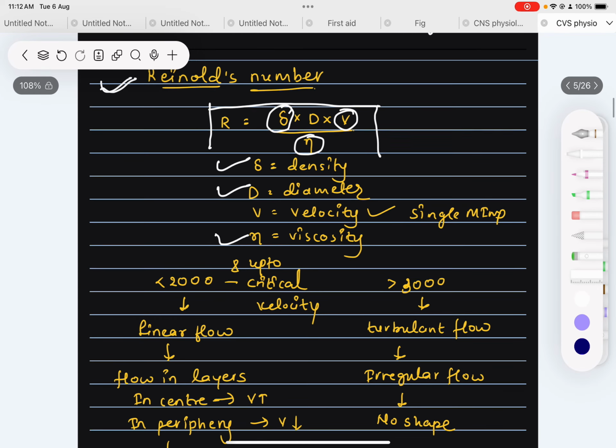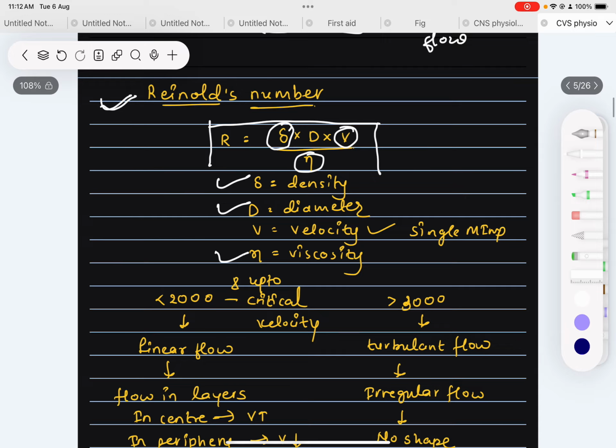So viscosity is still understandable, that if the fluid is very thick, it won't have much velocity, plus the Reynolds number will also be low. This too is quite understandable, but this density and diameter part I am not able to understand, why these two are related this way. And if there is increased viscosity, maybe there will be increased density also.